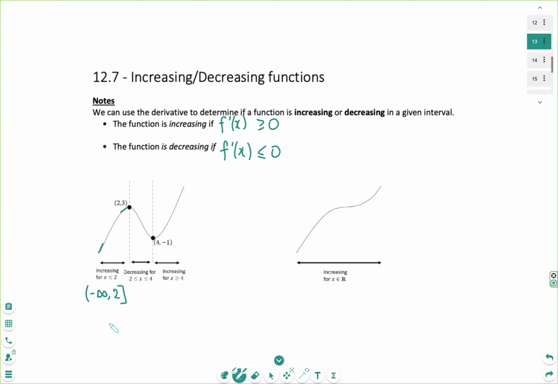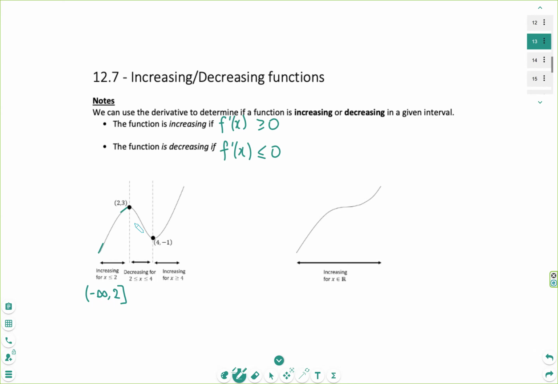It's just a concept where we know it goes on forever. Therefore, we can never put a square bracket on positive infinity or negative infinity. That's just something small. So minus infinity, comma, 2 square bracket.